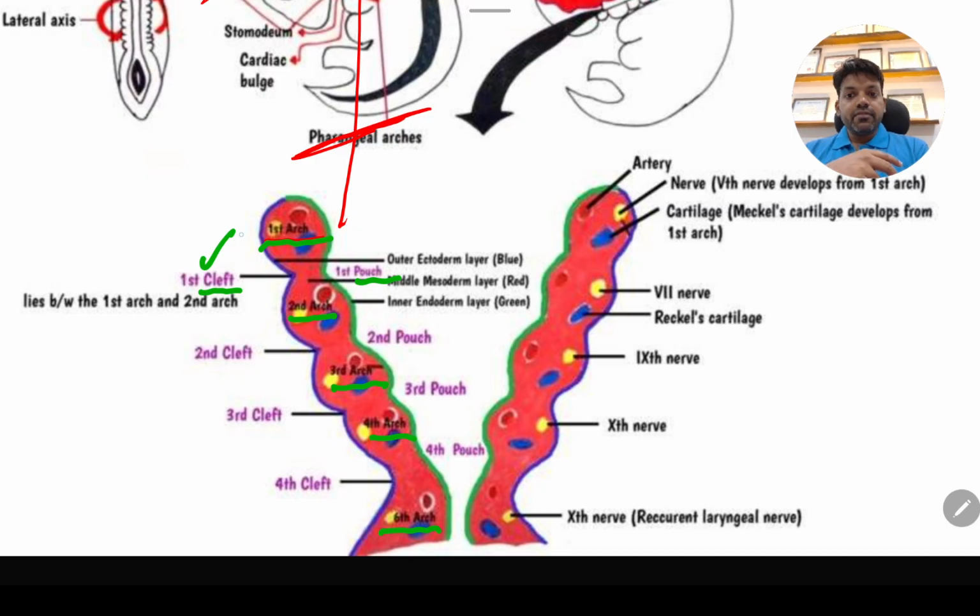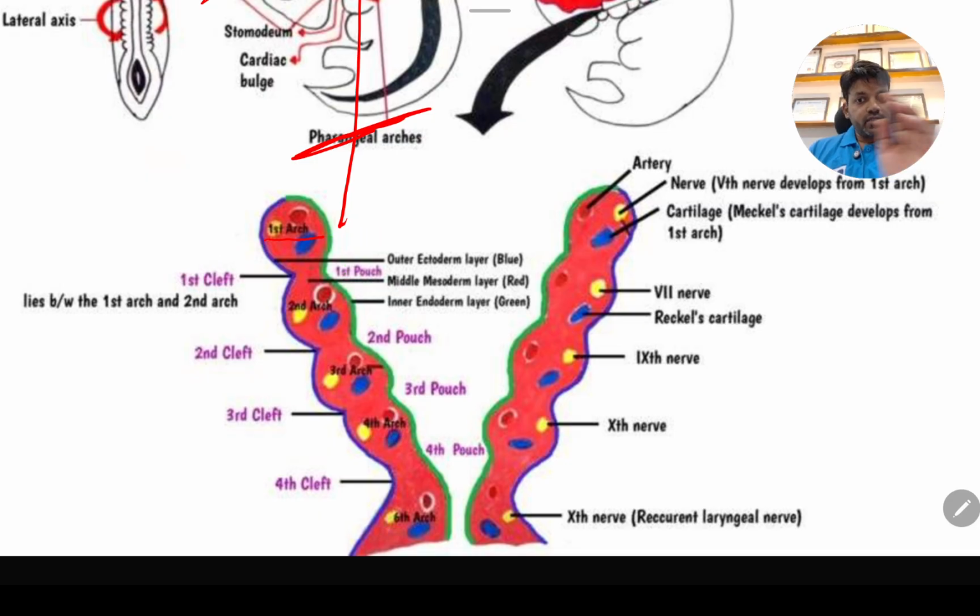Similarly, the first cleft will be between the first and second arch. The second cleft will be between the second and third arch. So again, I'll repeat. It's a depression between the first and the second arch. If the depression is from outside, it is called a cleft. If the depression is inside, it is called a pouch.